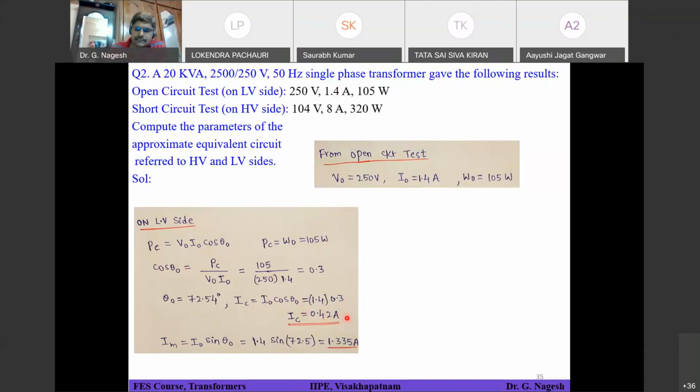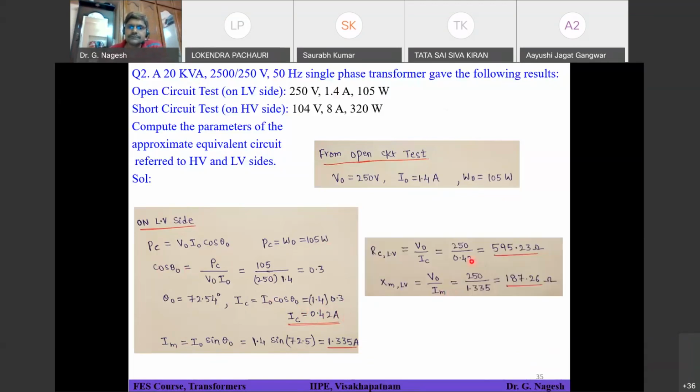So 250 divided by 0.42 will give your RC. This is the RC which you are getting on the LV side, so you should keep that in mind. And XM on the LV side is equal to 250 divided by 1.335, so 187.26 ohms.